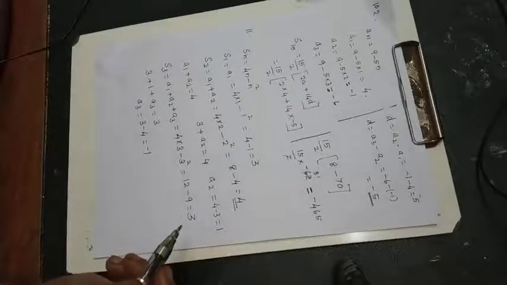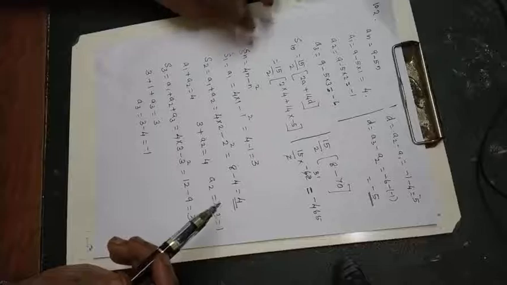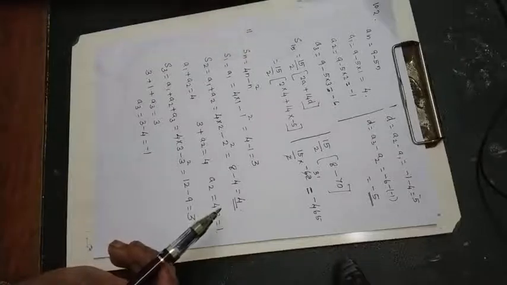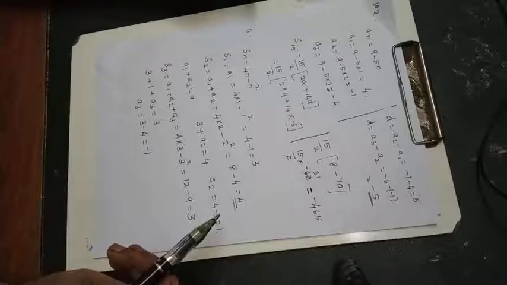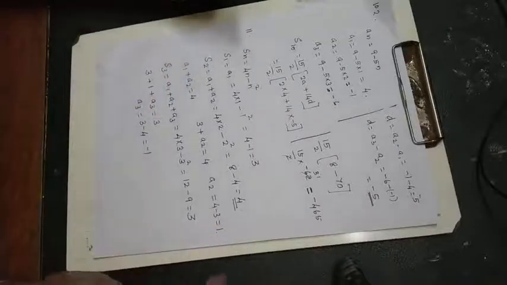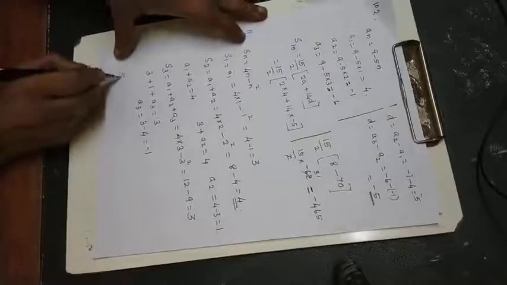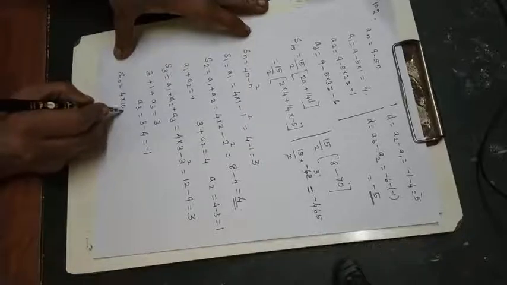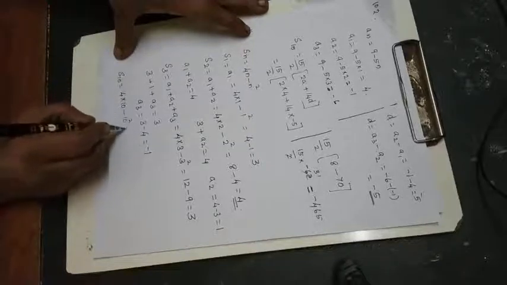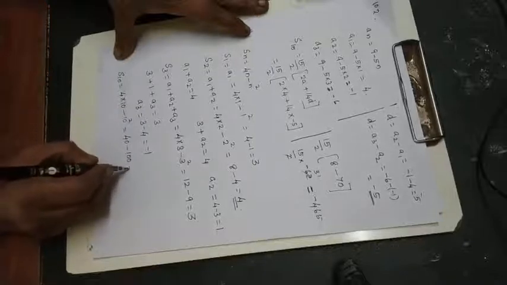Now 10th term, how will you get the 10th term? S10 you have to find out. Then S9 also you have to find out. Subtract that one. So what will be S10? S10 is equal to 4 into 10 minus 10 square. 4 into 10 is 40 minus 10 square is 100.